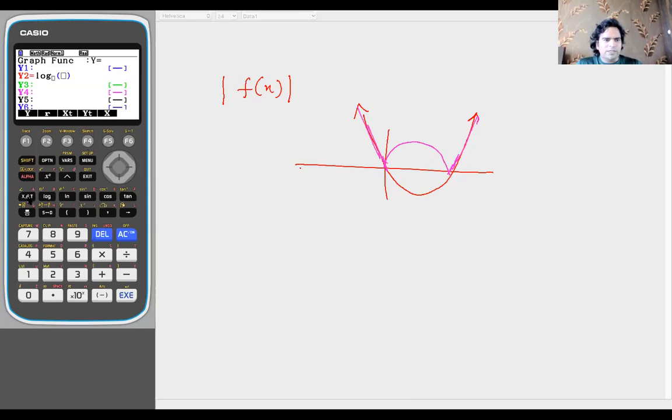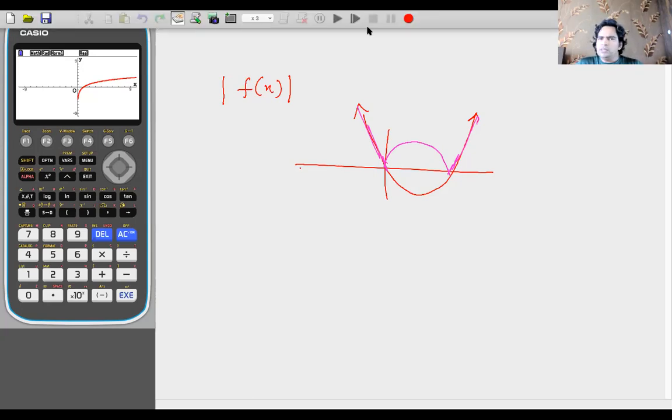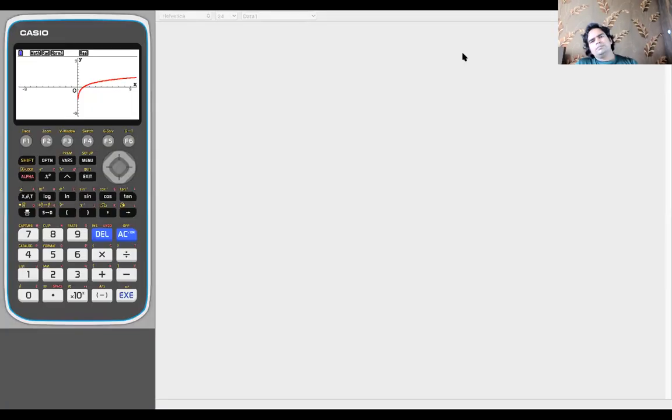For example, let's say I want to draw log x to the base 2. So here we go. You can just get the graph like here. So it's interesting to know all of these things in case you need to use them to solve the functions question.